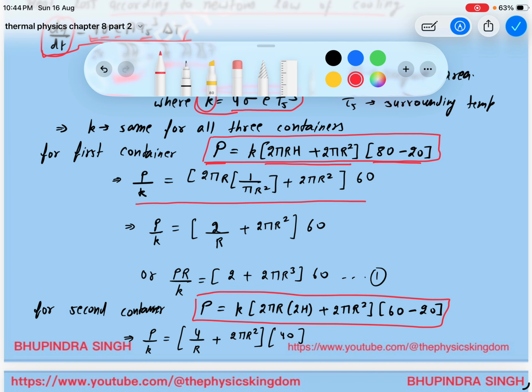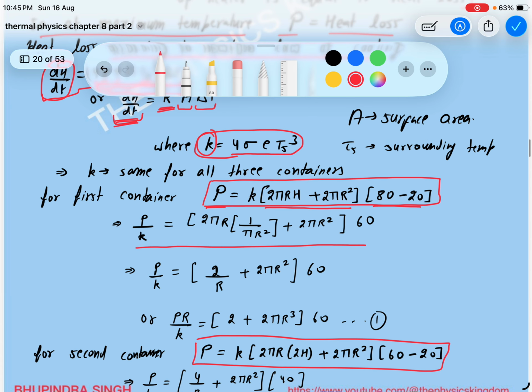So what are the variables? Variables are many, right? But what we should try in this problem is to eliminate those variables so that for the third container we can get the maximum temperature. How you rearrange these terms is up to you, right?